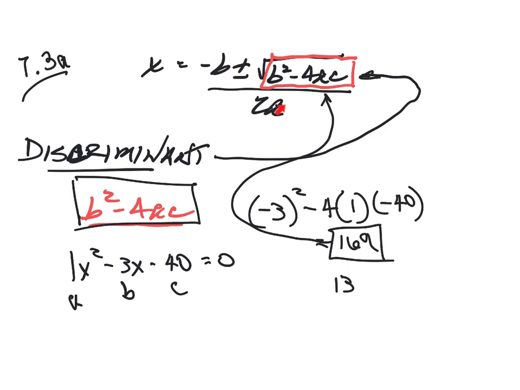So when we can take the square root of the number that we get when we plug in all the numbers for b squared minus 4ac, if we get a regular old number, a whole number, I should say, because it would have to be counting numbers greater than 0, we will get 2 answers.